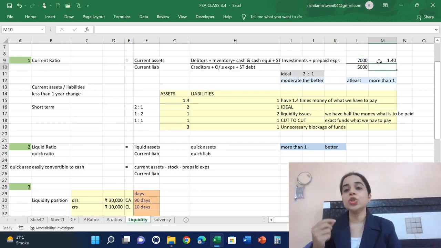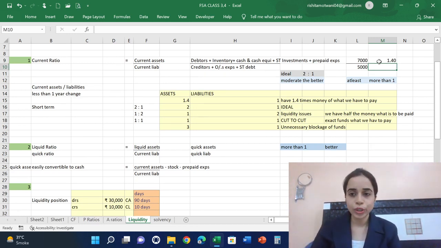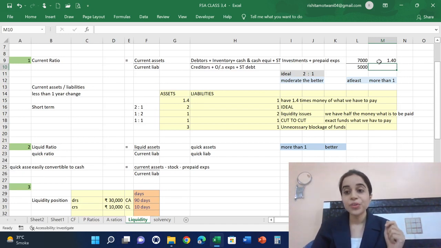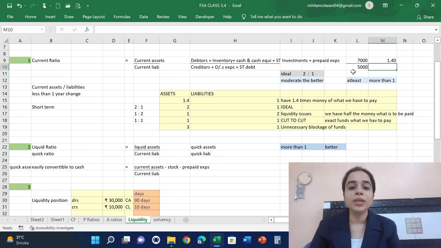What does this ratio mean? Interpretation is very important. Application of the ratio or any formula is very, very important, not just learning the formula. So the interpretation is that the organization has 1.4 times the money of what it has to repay.